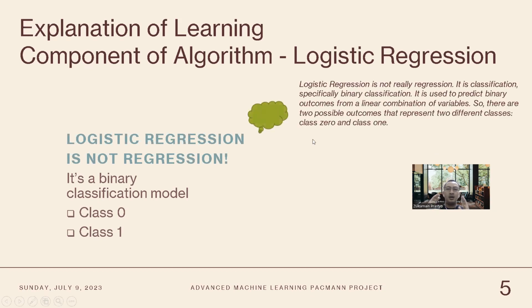It is used to predict binary outcomes from a linear combination of variables. There are two possible outcomes that represent two different classes, class 0 and class 1.